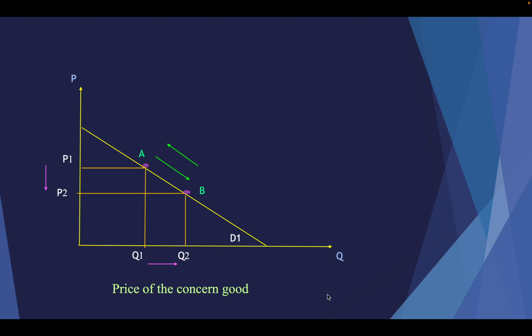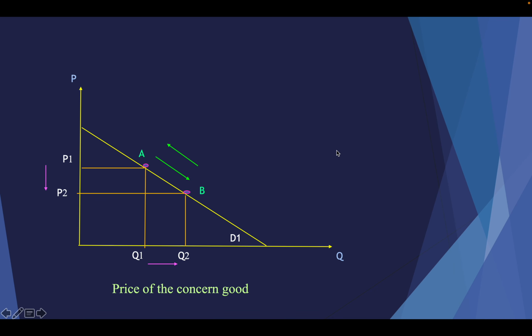That is the law of demand. That means when price increases, the quantity demanded decreases, and when price decreases, the quantity demanded increases. That is the negative relationship, with other factors constant. In this diagram you can see the price P1, the quantity demanded is Q1, and P2 and Q2.